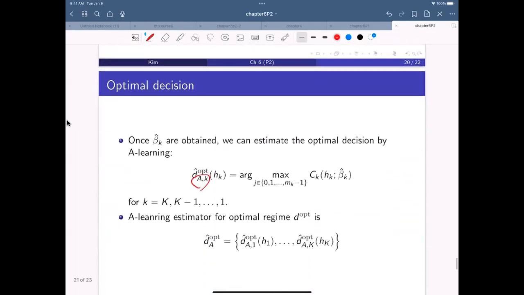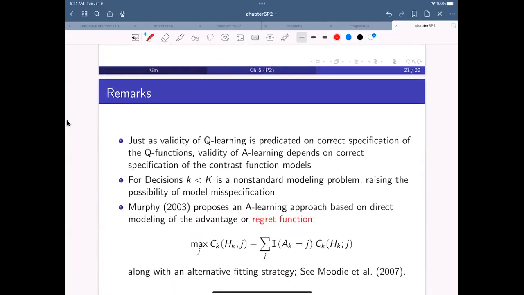So that is actually the approach that Susan Murphy used, this regret function model. So she actually makes a model for this, something like a D minus the current A, and then something like square and times C, CK, something like that. I mean, some parametric model of the regret function, and then have a way to estimate the parameters.